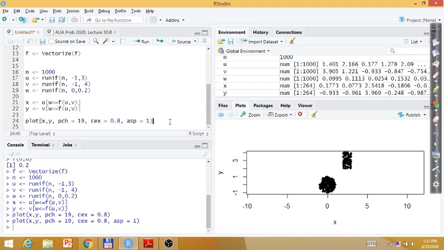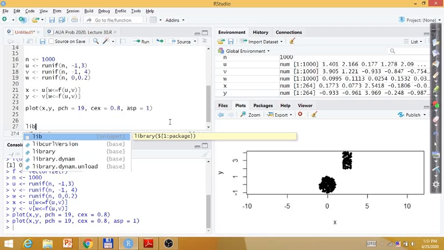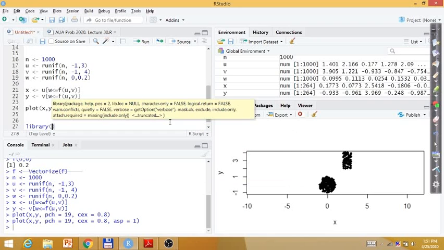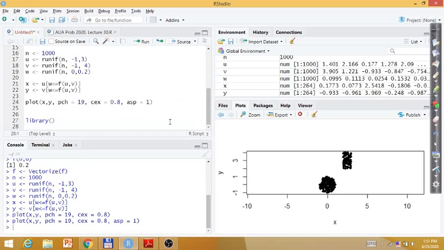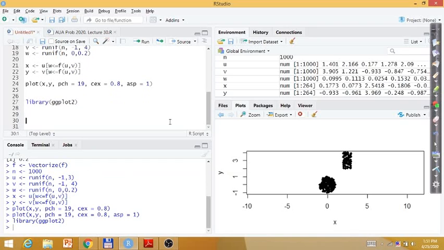What I want to do is use ggplot. Sometimes I'm using ggplot for my graphics in these slides. So I'm using that library, ggplot2. I'm running this. So now I can use all functions from that library.